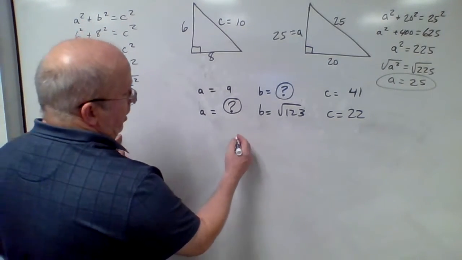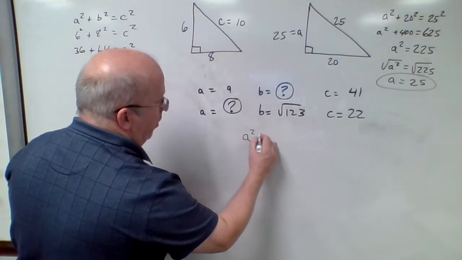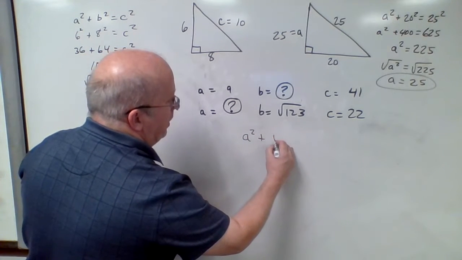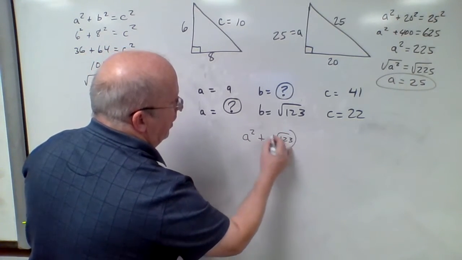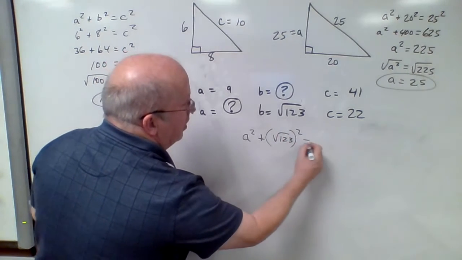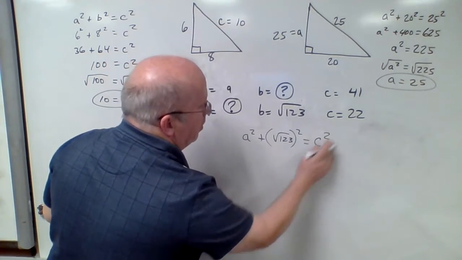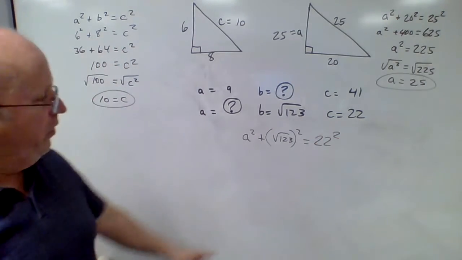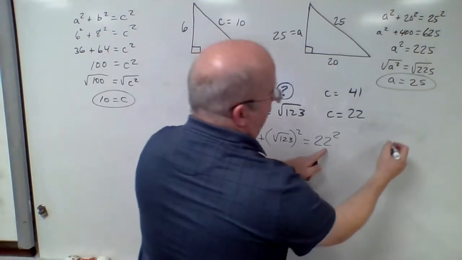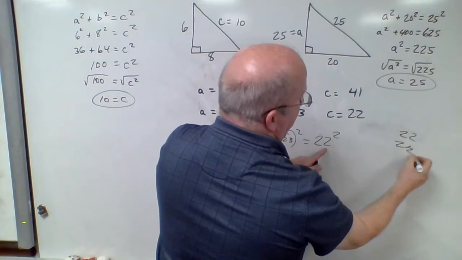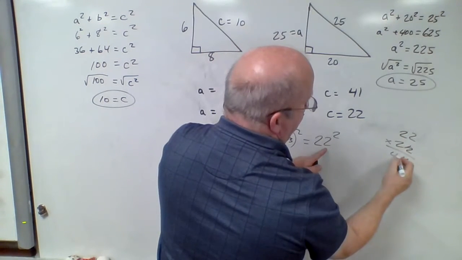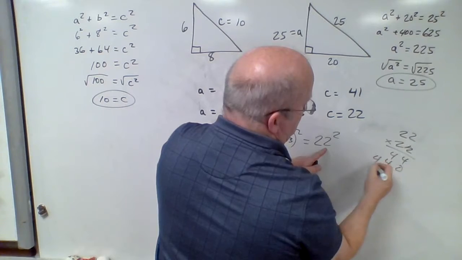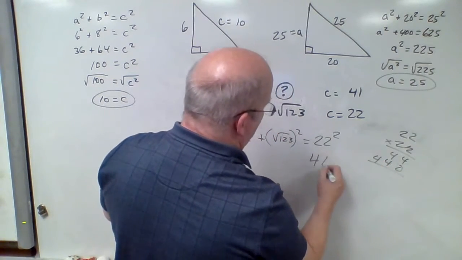Well, let's take a look at this problem. A squared plus b squared, we're going to have to square this, equals c squared, which in this case is 22 squared. This is easy enough to solve, right? We take 22 times 22, and we get 484.